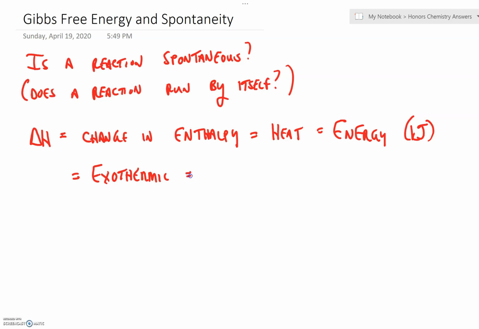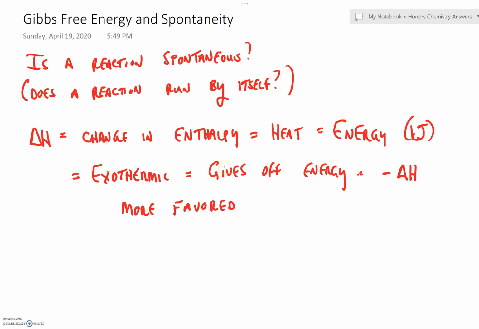A reaction can be exothermic, meaning that it gives off energy, meaning it loses heat to the environment, and that's what we would call a negative delta H. This is definitely more favored in terms of whether or not the reaction runs, because the universe doesn't really want to have to add energy to a reaction, right?